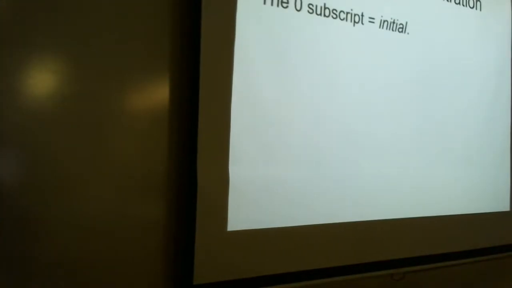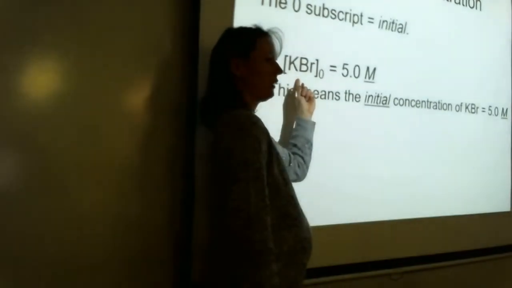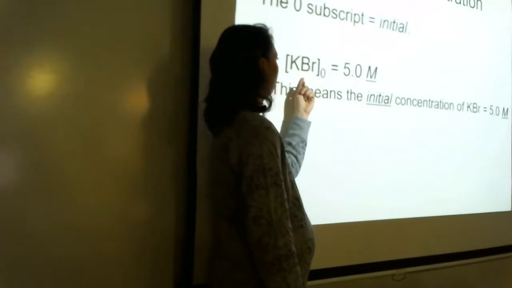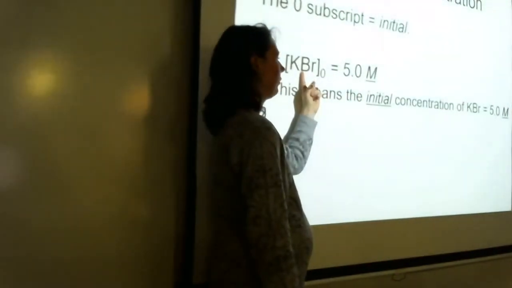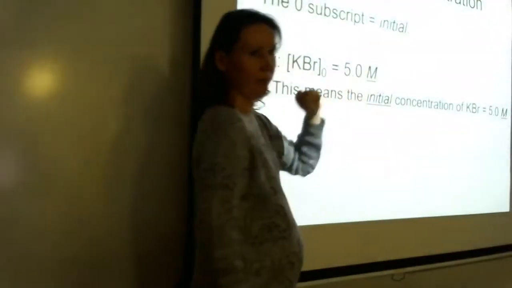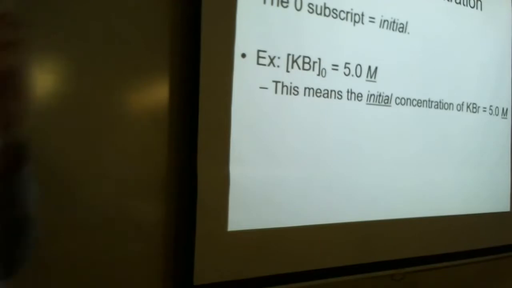So if I saw this on a problem, that's telling me the initial concentration of KBr is 5 moles per liter. Okay, that little 0 means initial. And then if there's no 0, we could assume that that's at some point later in time.